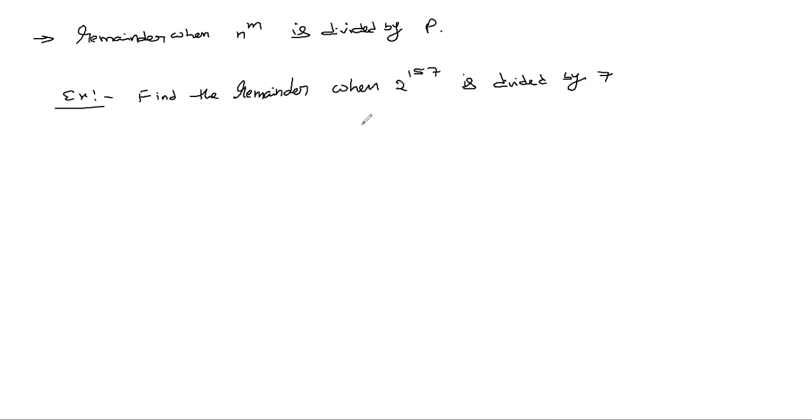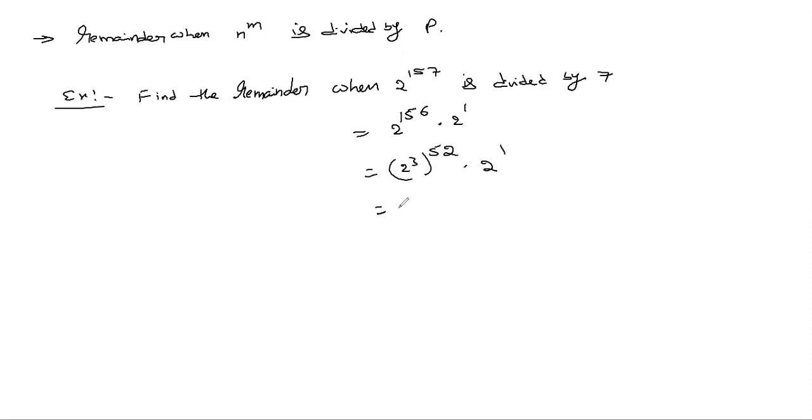That means we can write 2 power 157 as 2 power 156 into 2 power 1. We can write this. Powers of 2 nearby 7 is 2 cube. So we can write 2 power 156 as 2 power 3 whole power 52 into 2 power 1.